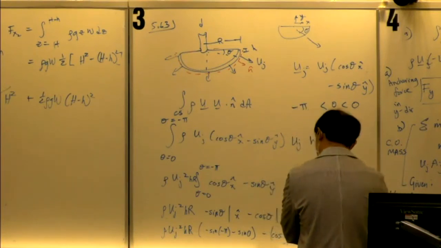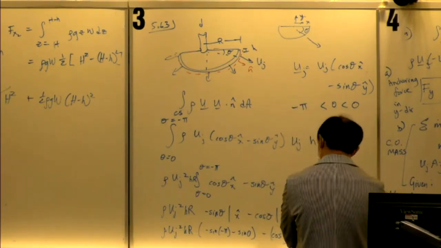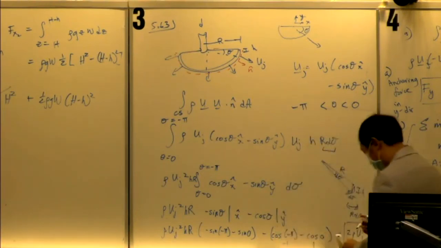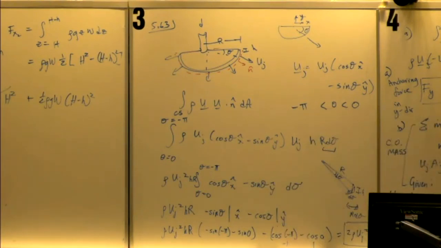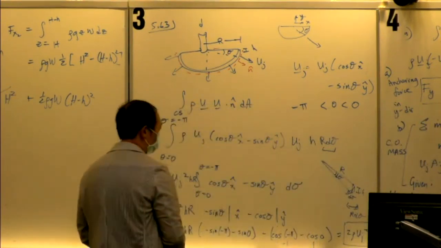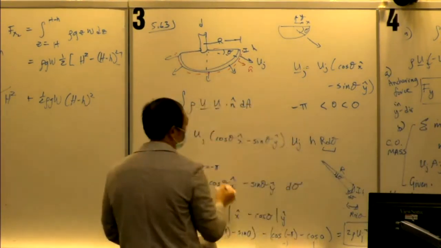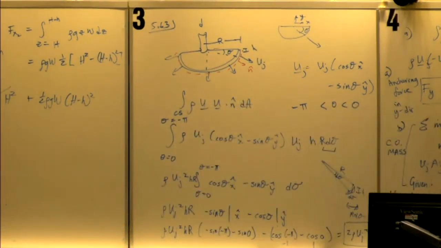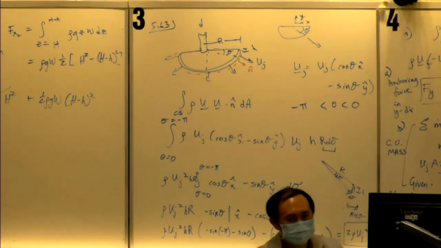So this is equal to 2 rho uj squared. So no x force and only y forces. Of course, if they were spraying out radially everywhere, they should all cancel. But because it's only coming through one, it doesn't cancel.